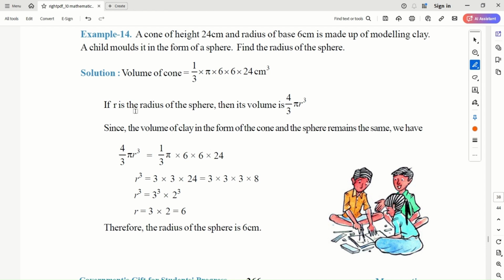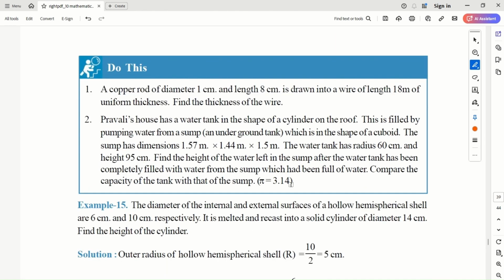Now this has become a sphere of radius r, which is 4 by 3 pi r cube. The same volume of mud is used, so 4 pi r cube equals this value. So r cube is this one, and r is nothing but 6 centimeters. These are the kind of problems we will solve in this.